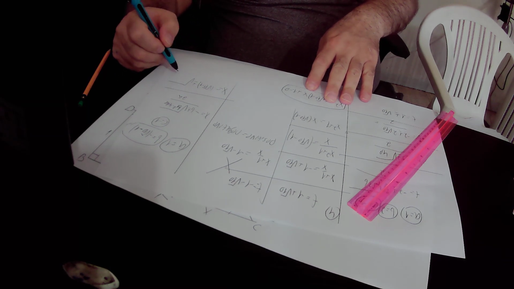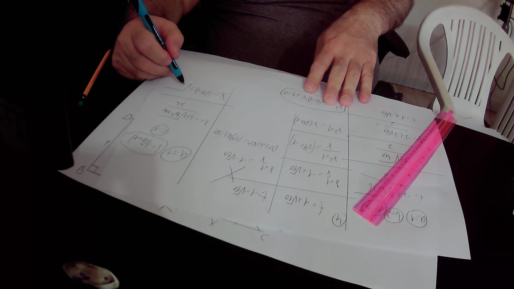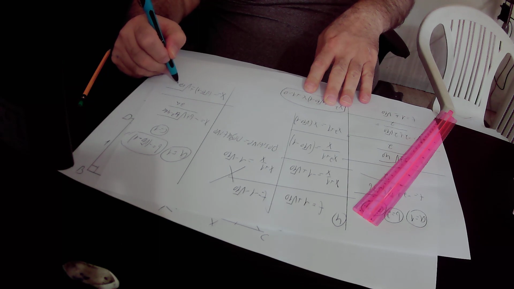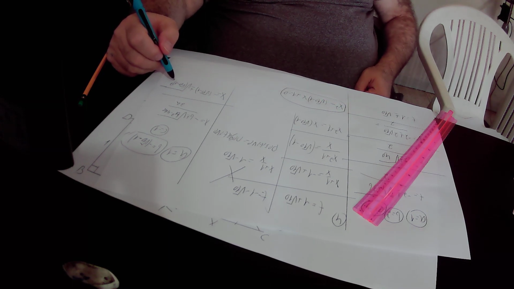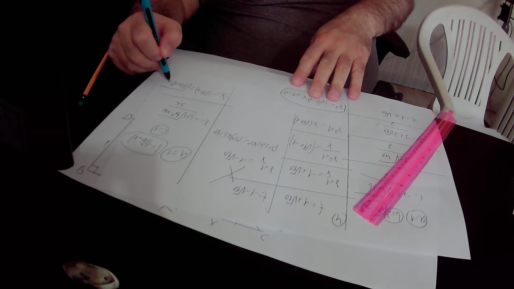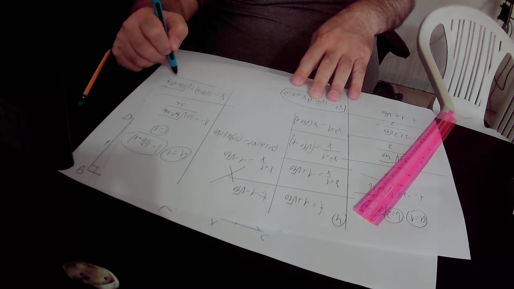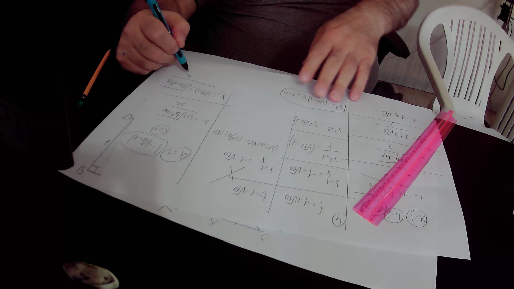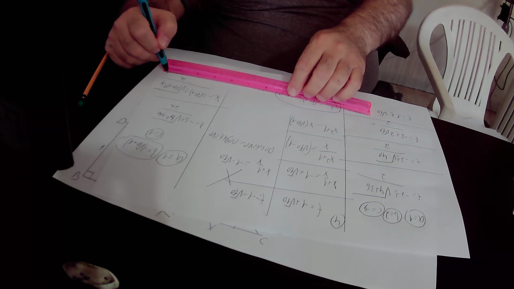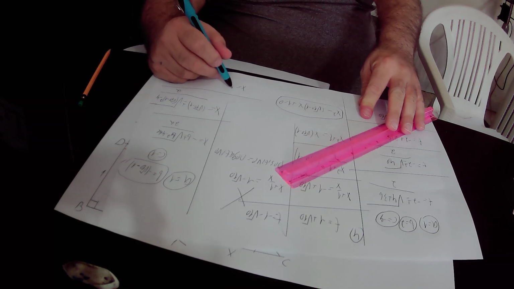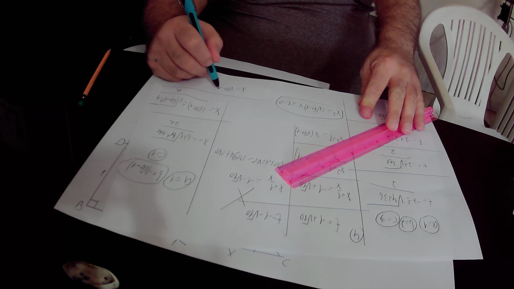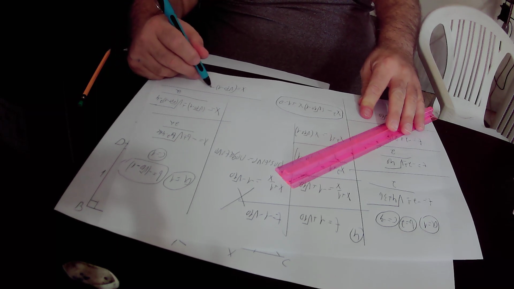B squared is square root of 10 minus 1 squared, minus 4 times a times c. A is 1, c is 1, so it is actually minus 4, over 2a. A is 1, so 2 times 1 is 2.